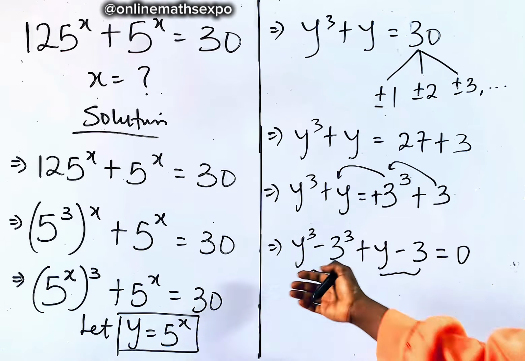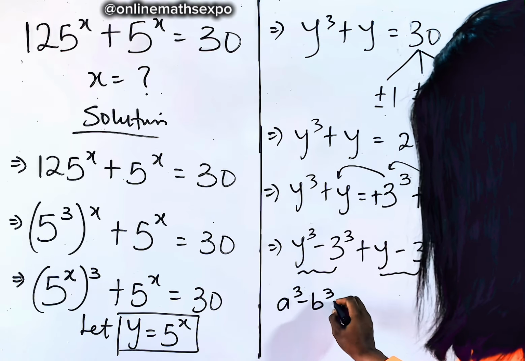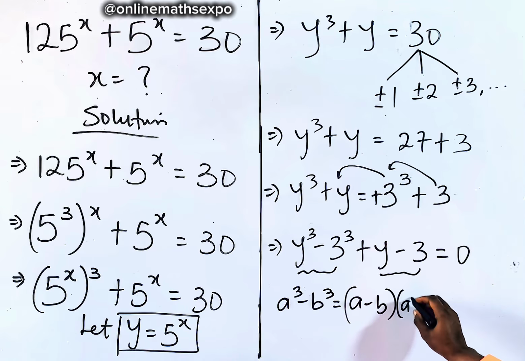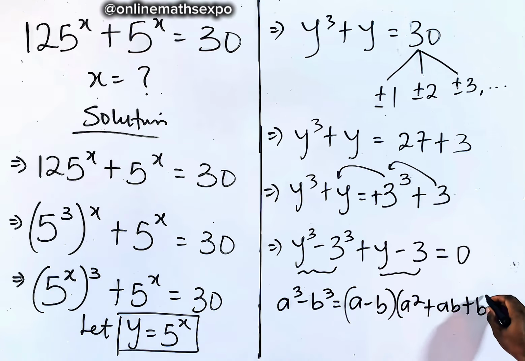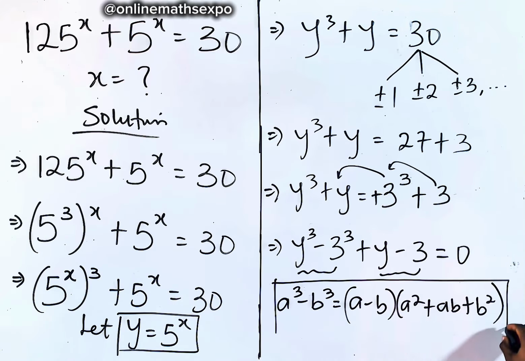So for this, just remember, for every a cubed minus b cubed, it's always a minus b into a squared plus ab plus b squared. We are going to apply this rule to help us to solve. Let's take it to this part.